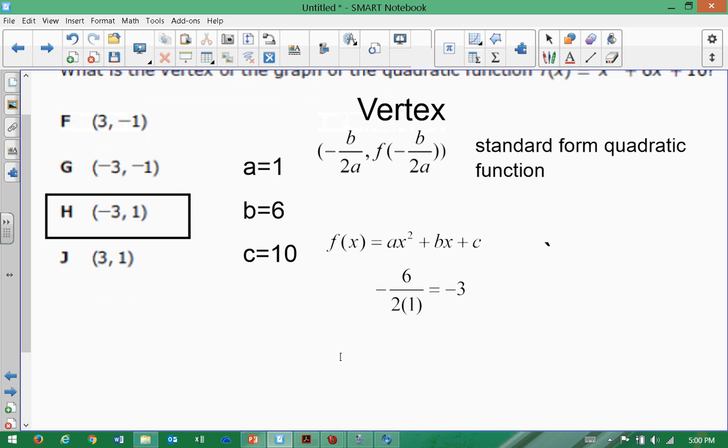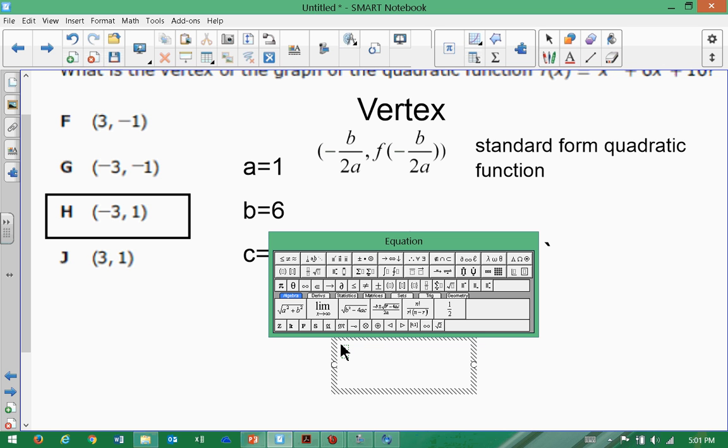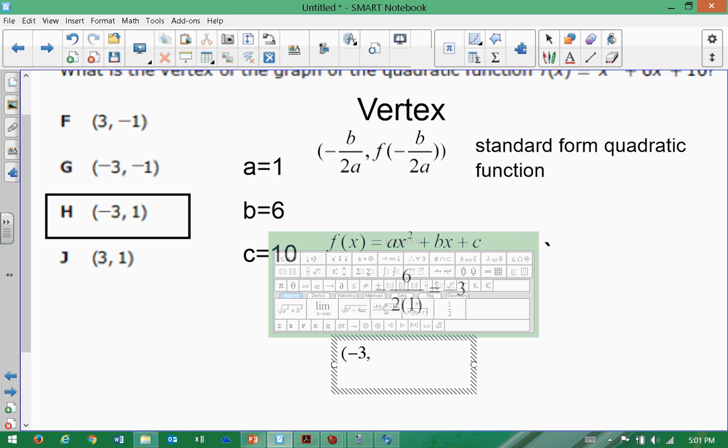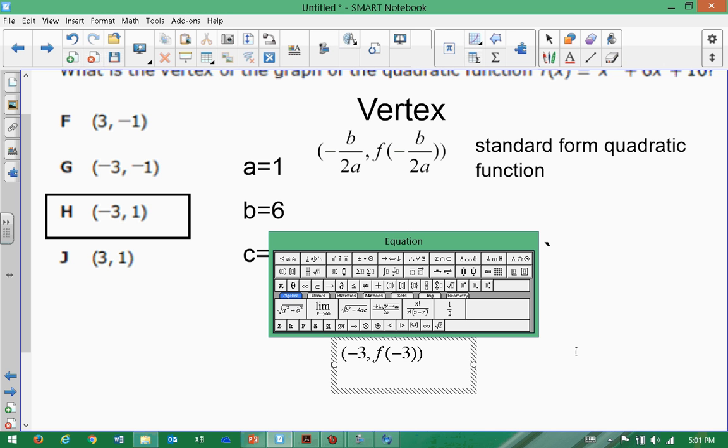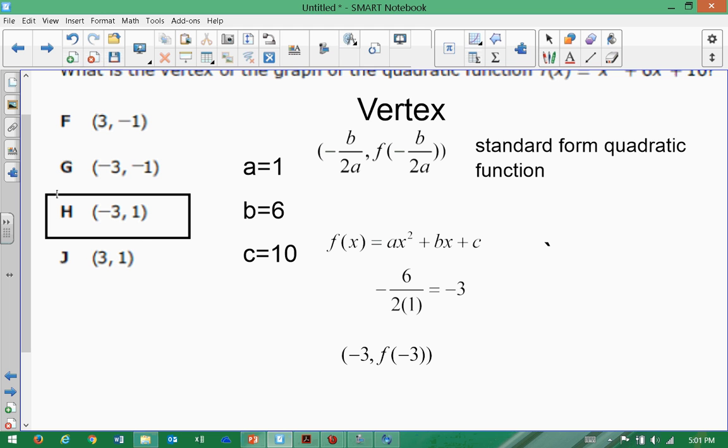That means my first term, the x value of my vertex, is negative 3, and my y value is f of negative 3. So my vertex so far is negative 3, and whatever f of negative 3 is. I can already narrow down my choices to G or H, but we already know that it's H.